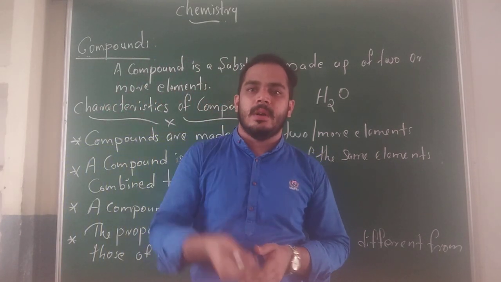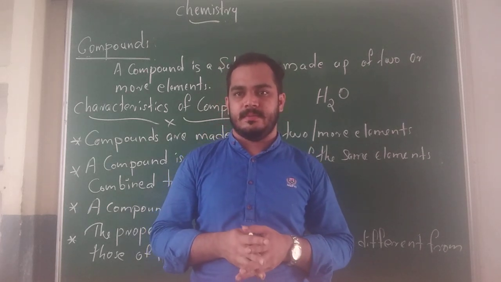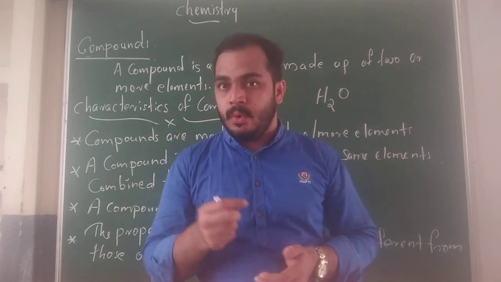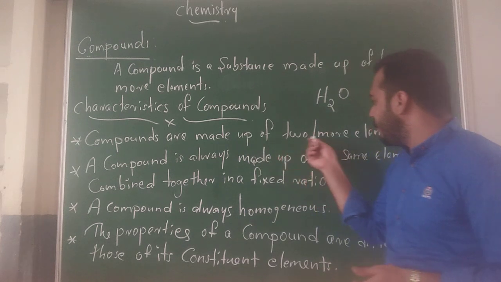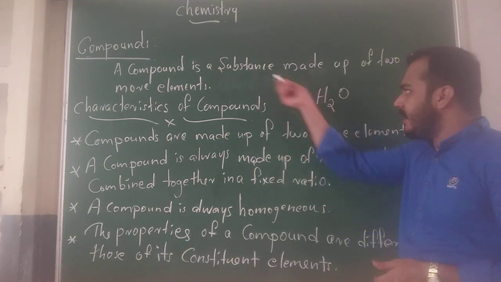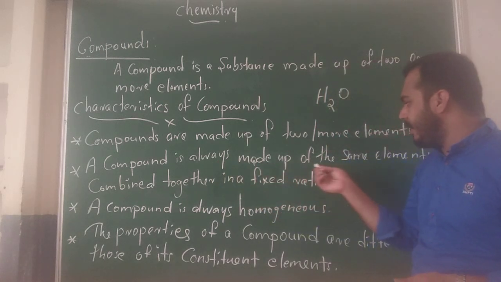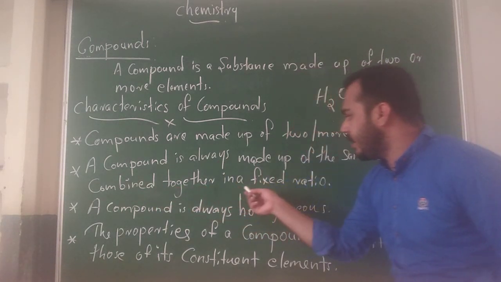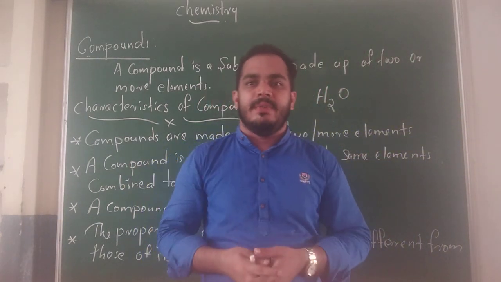Okay. Next one. This compound has some peculiar characters. What are the characters of compound? First one. Compounds are made up of 2 or more elements. This I already explained. Okay. Next one. A compound is always made up of the same elements combined together in a fixed ratio.